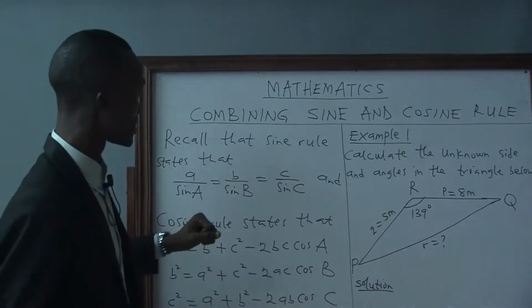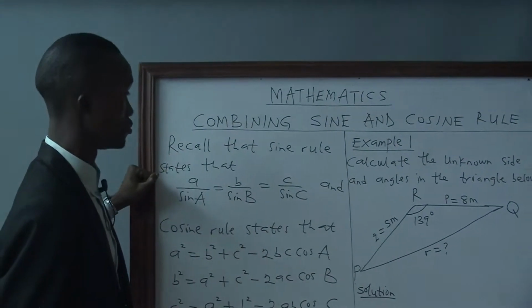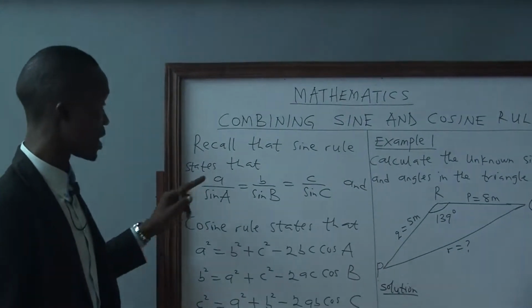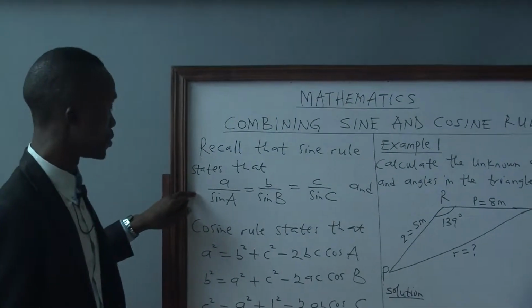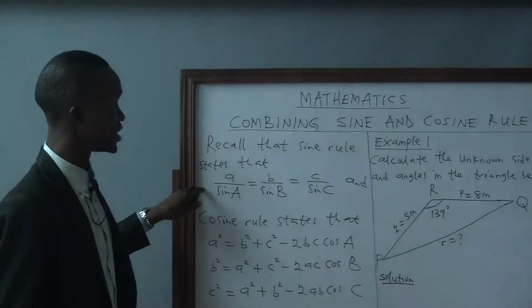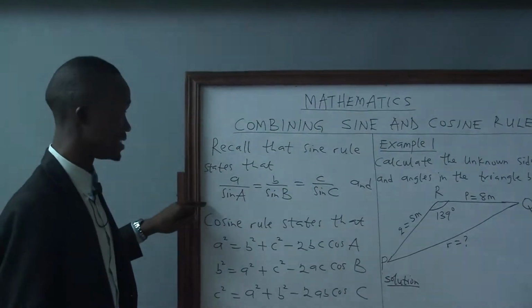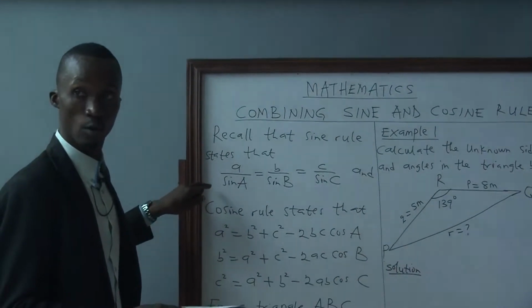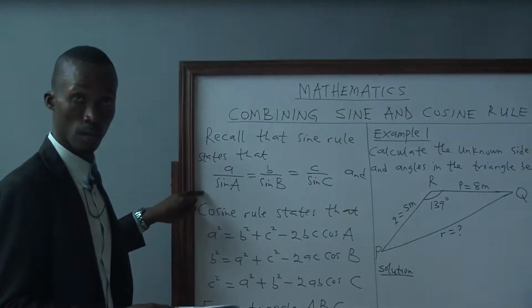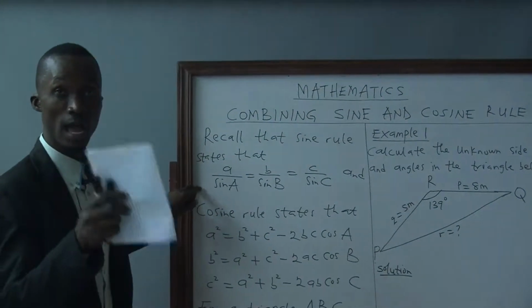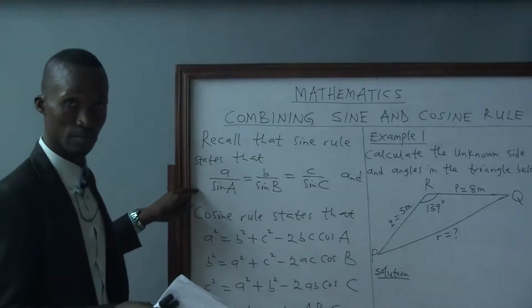And we need to remind ourselves of the conditions for using sine rule and the conditions for using cosine rule. I'll quickly do a recap of that. We use sine rule when we are given a triangle and we know two sides and one angle, or when we are given two angles and we know any side.